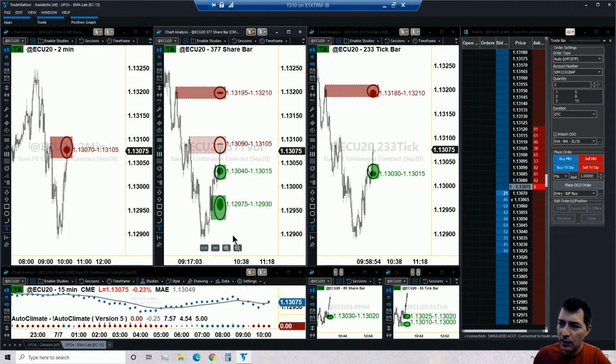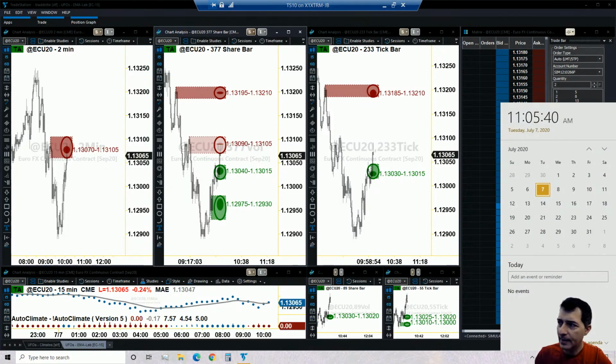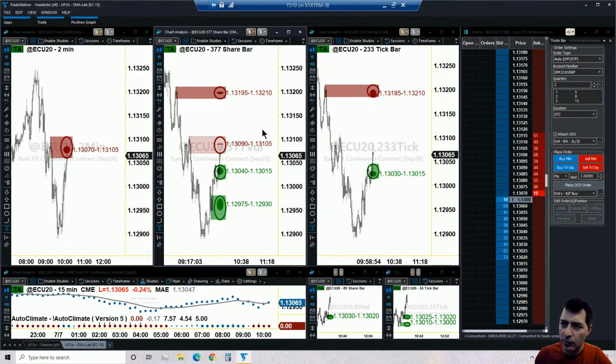We'll see that when the clock hits 11:15 a.m. in New York, which is 9 minutes from now, more or less. But again, we still got 9 minutes for a UFO to form, so a trade may still be taken.